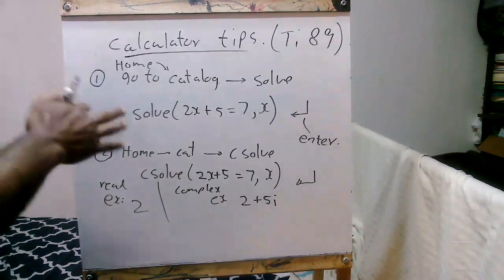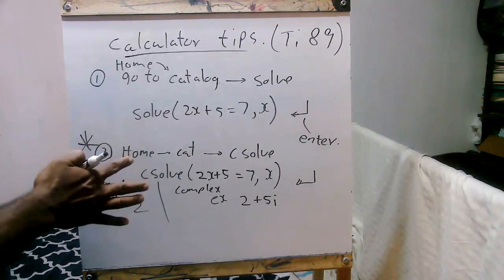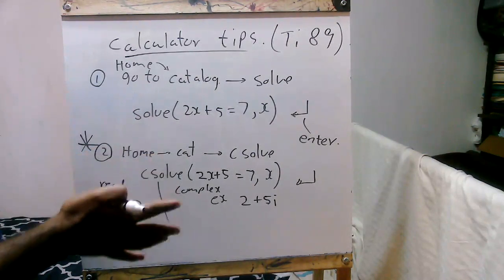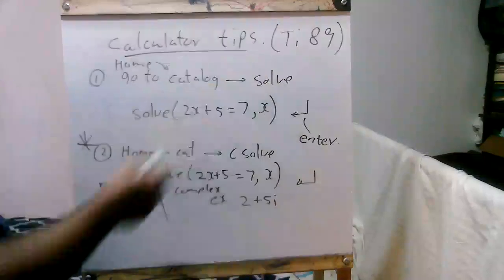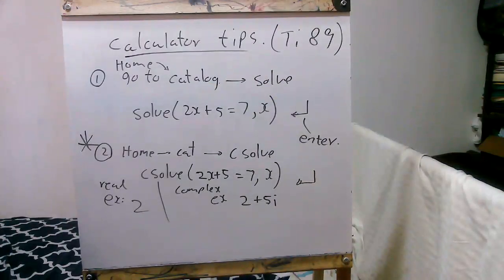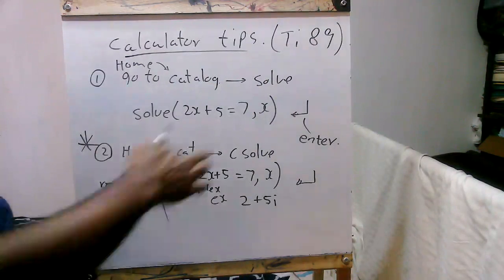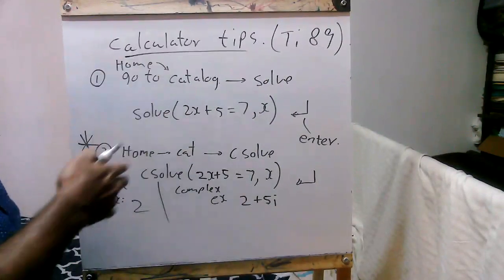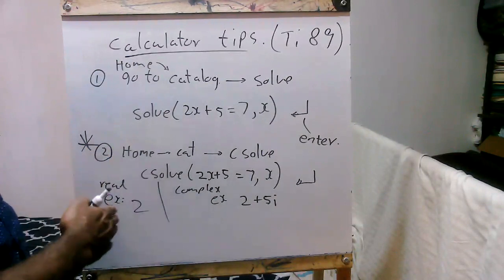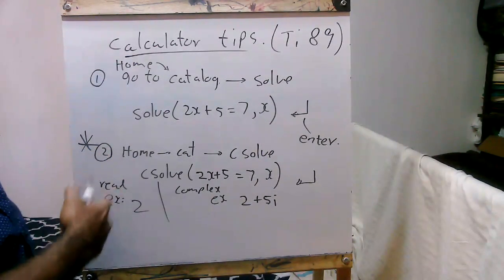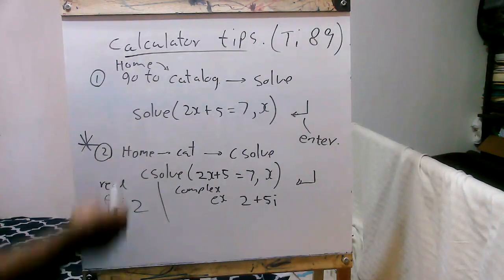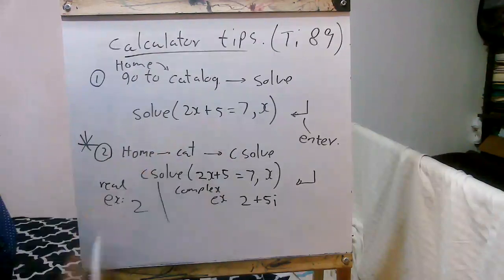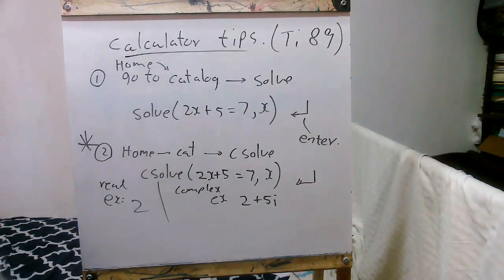If the equation has complex answers and you use solve, it will give you an error message. But if you use C solve, whether the equation has real or complex answers, it will give you either one. Therefore I suggest you use C solve always.